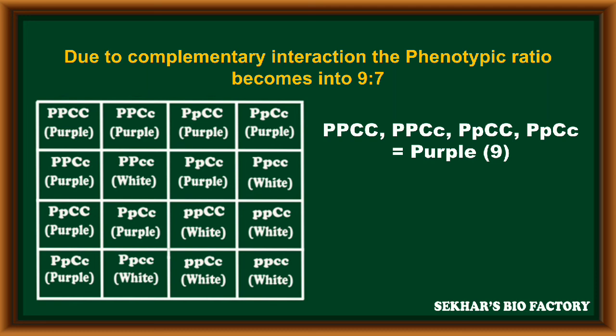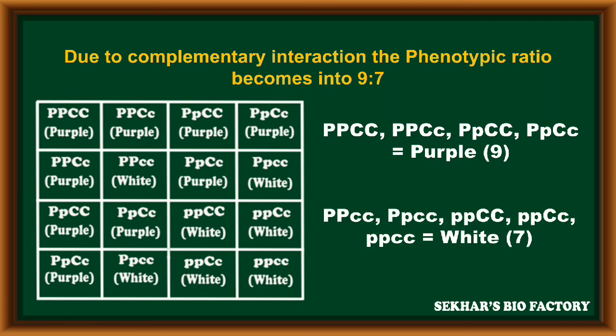So at least one dominant allele is present in both genes. In such condition, both P enzyme and C enzyme are produced for the synthesis of anthocyanin pigment. In such condition, the petal color becomes purple.